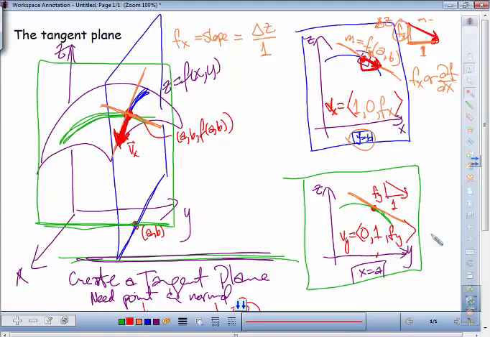Then we have fy. That is our second vector that's tangent to the surface, that is on the tangent plane. Now we have two vectors that are on the tangent plane that we're looking for, and that's how we're going to get our normal.